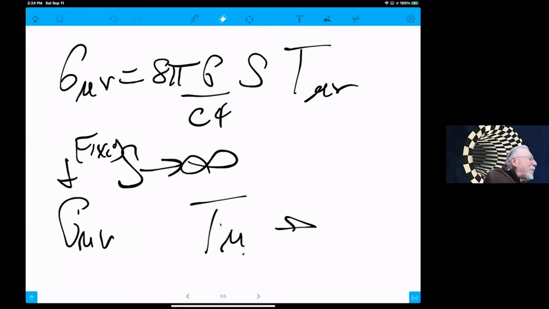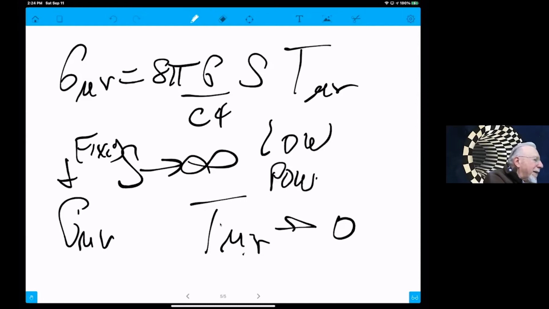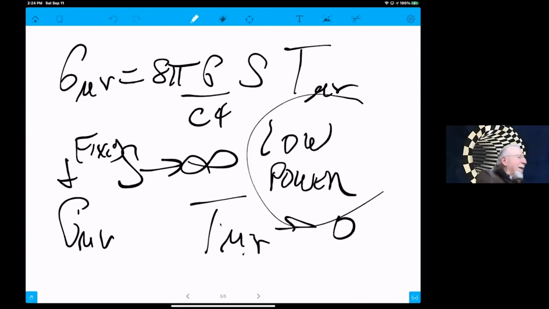That's the basic simple math idea. It goes to 0. That's the basic idea of low power warp drive. So you're beginning to see the math of it.